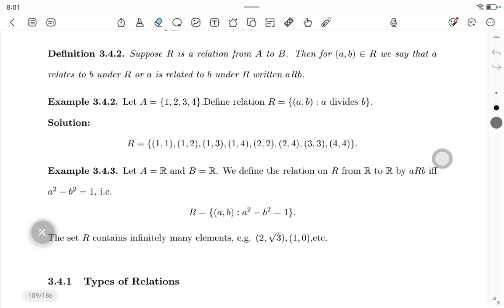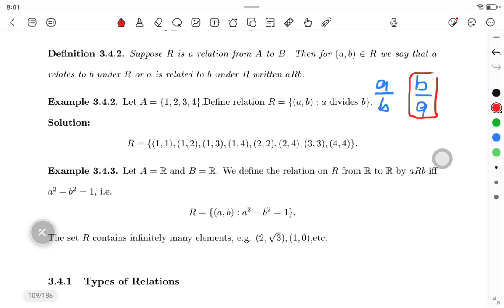So what do we mean when we say that a divides b? We can generate two statements out of this: a over b, or b over a. We need to know which one is correct. Since they say a divides b, the correct one should be this one.